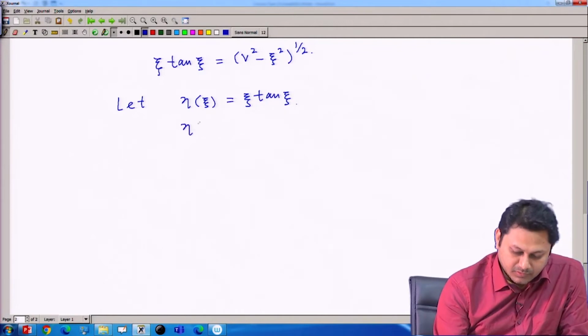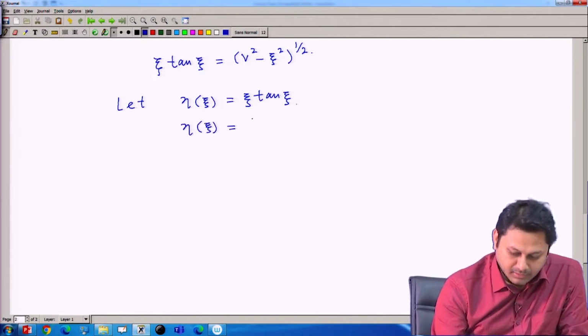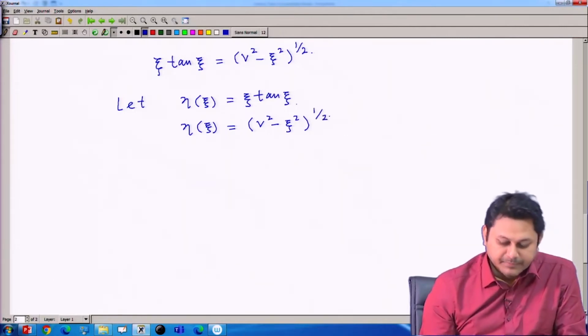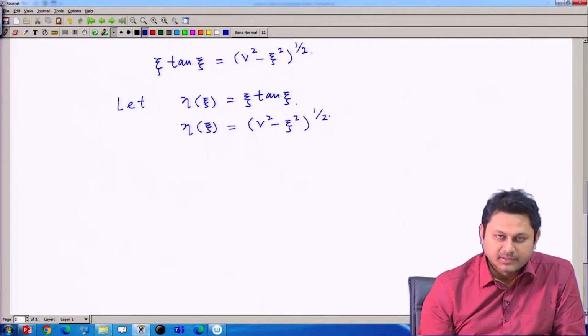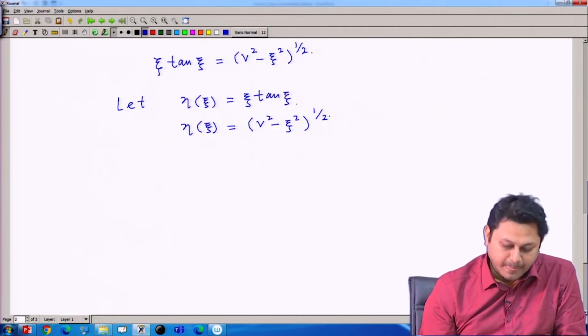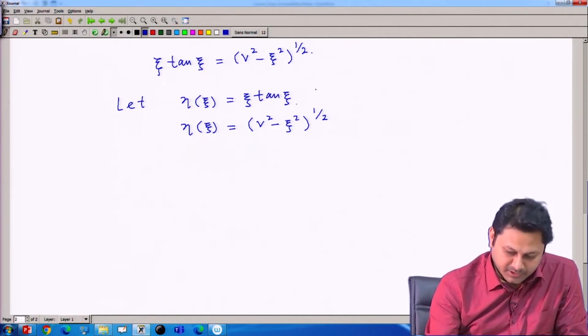Because my transcendental equation says xi tan xi is v square minus xi square whole to the power half, this is my equation 1 and this is my equation 2.